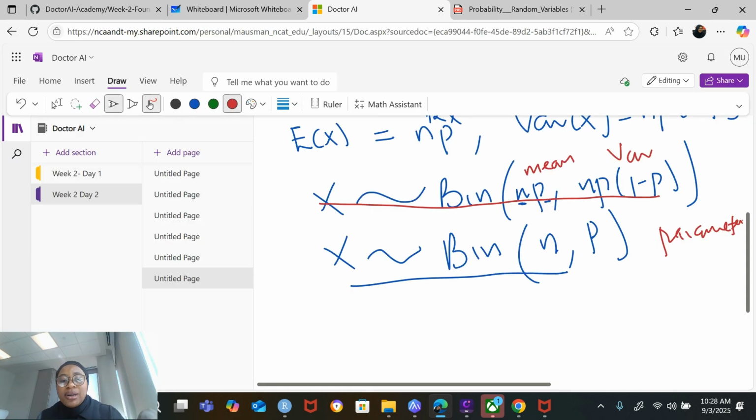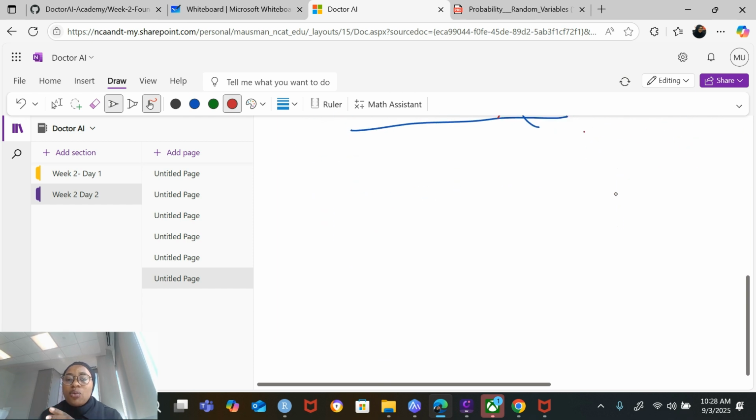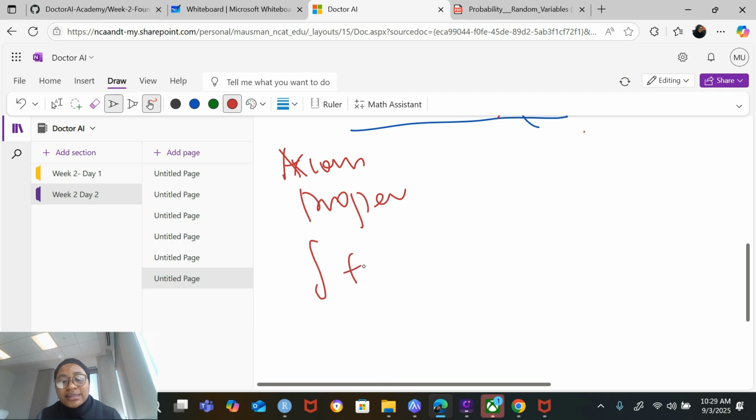So if you want to calculate the cumulative density function, now, there's another main axiom that I did not talk about in the last class. Let's say we are talking about, okay, sorry about that. So when we talk about the axioms, there's another axiom, we have proper and improper properties. So for proper, it's saying that when you integrate f of x dx over the range of x, it must be equal to 1.